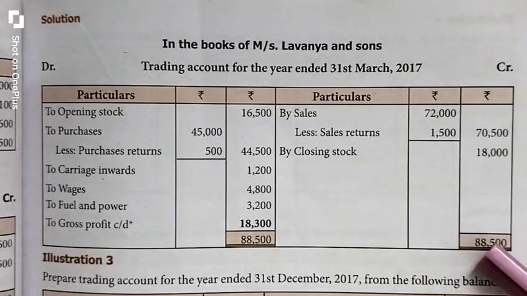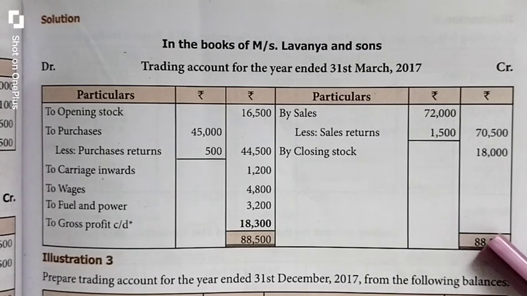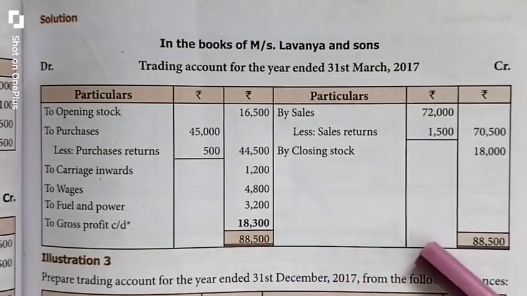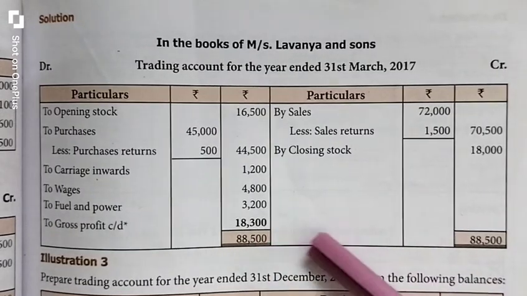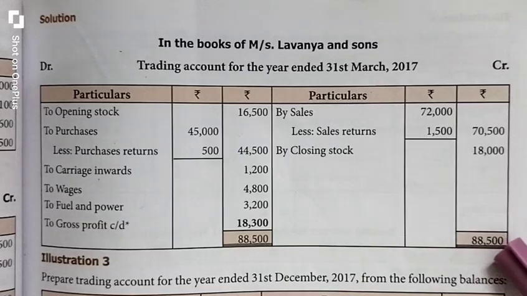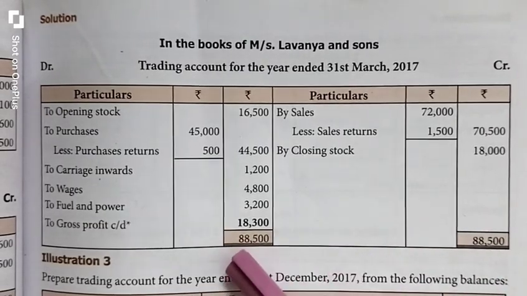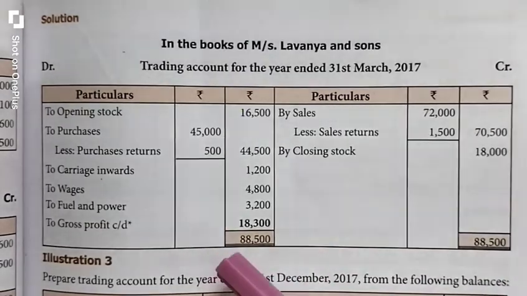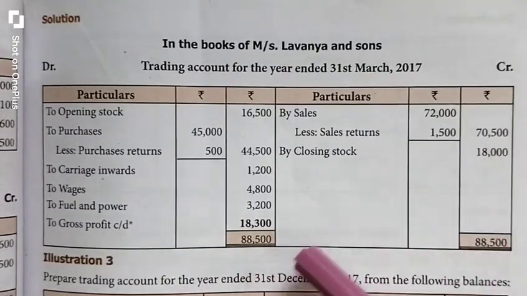So 88,500 is the total. We have to enter that total on both sides on the same horizontal line. 88,500 as the total on both sides on the same line. 88,500 we entered on both sides.